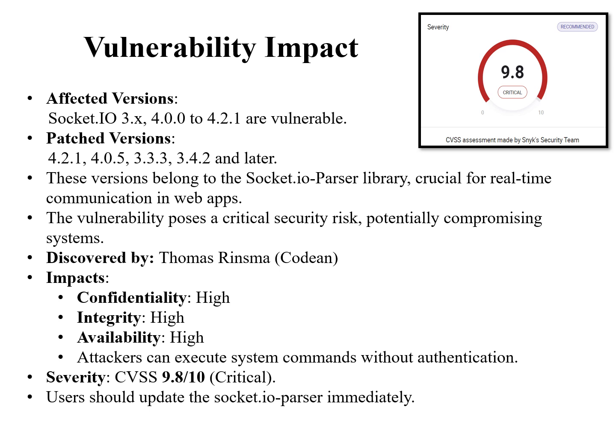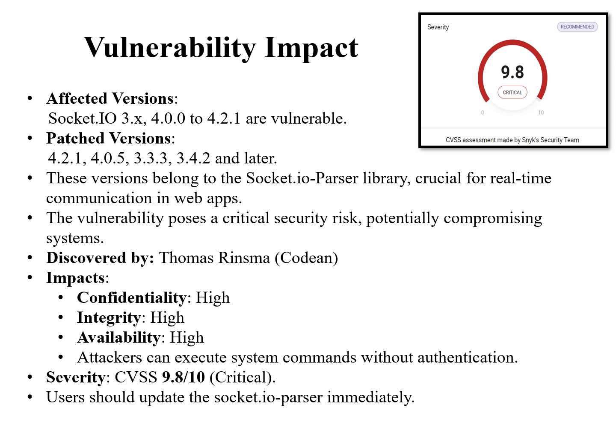We can see the affected versions: socket.io 3.x versions are very vulnerable, and the patched versions are 4.2.1, 4.0.5, 3.3.3, and 3.4.2. These versions are very important for real-time communication in web applications.